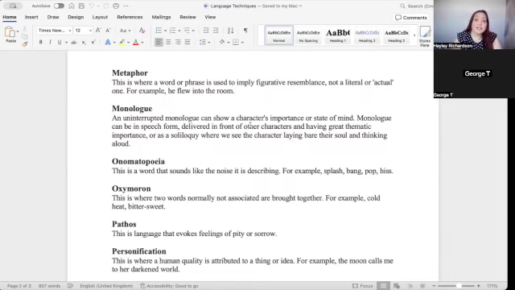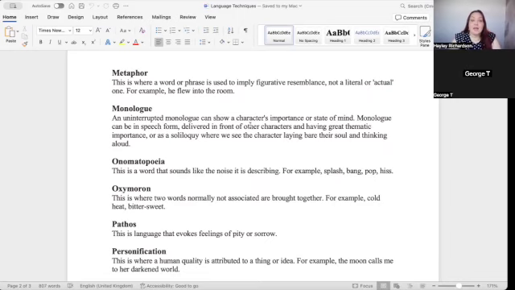A metaphor, this is where a word or phrase is used to imply figurative resemblance, not a literal or actual one. For example, he flew into the room when actually he just stepped into the room very quickly. Monologue. An uninterrupted monologue can show a character's importance or state of mind.